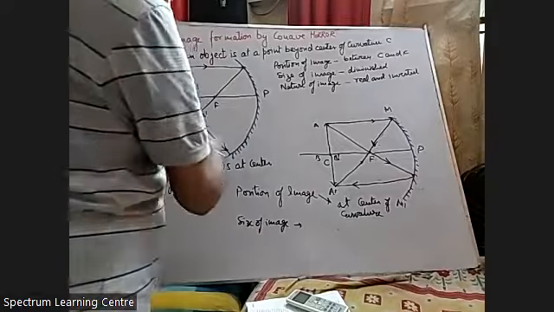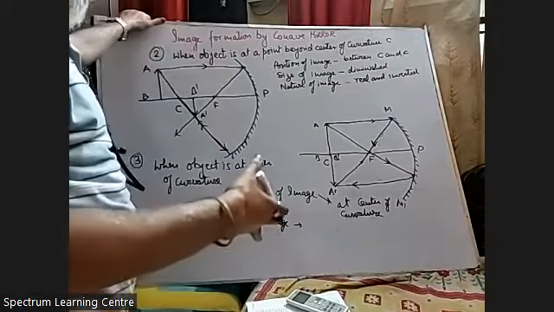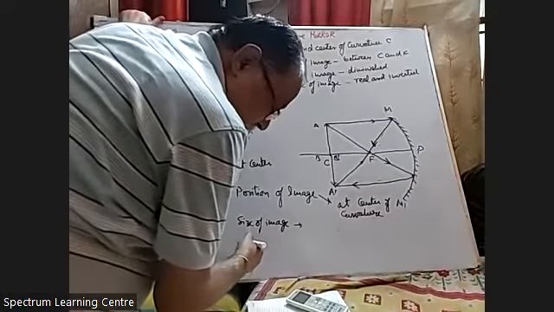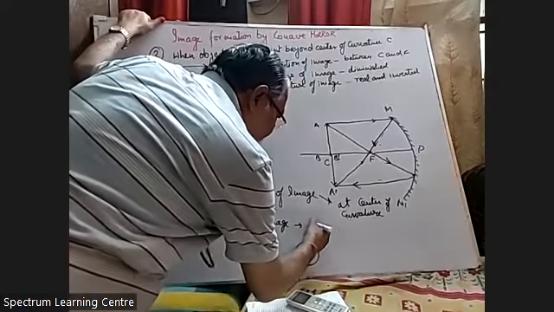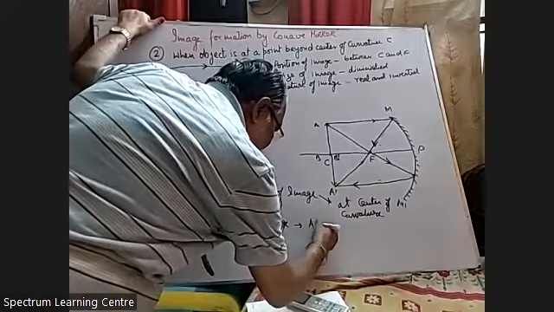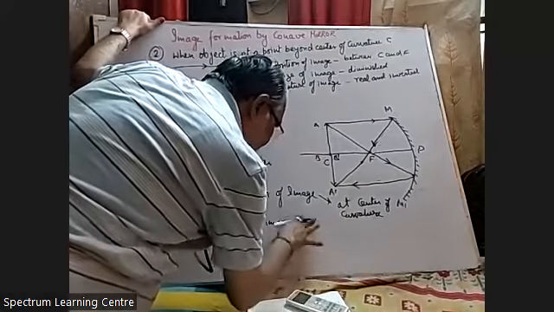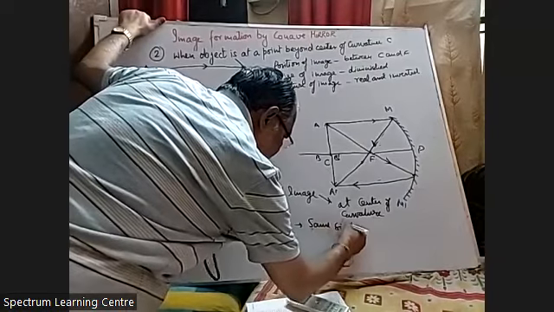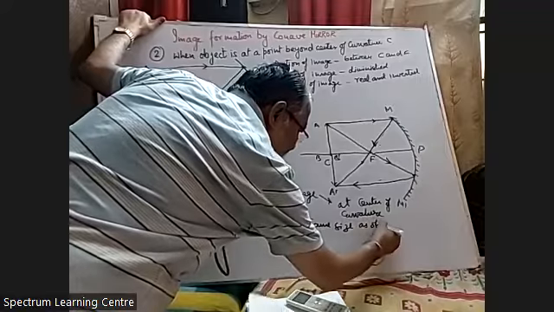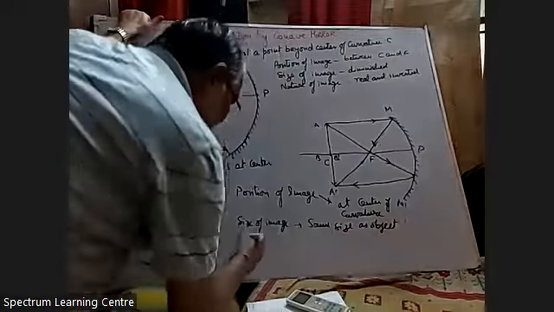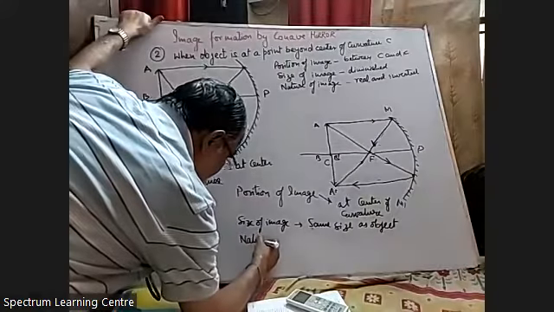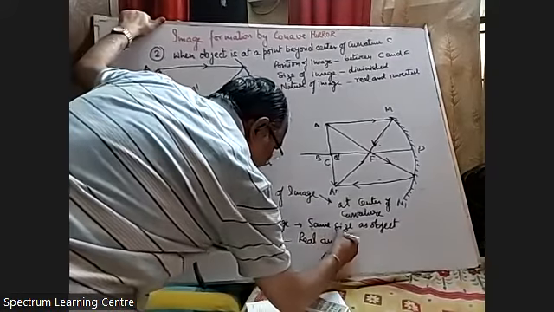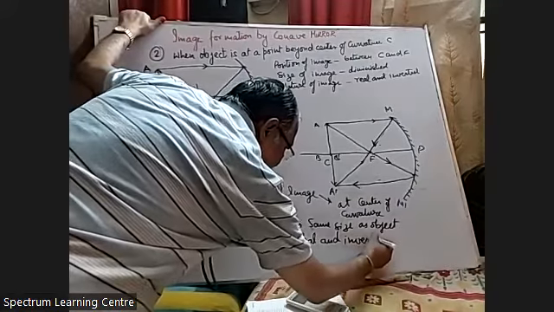When we are moving from infinity, the image size is growing now, right? So it will be at center of curvature only. Same size as object. Nature: real and inverted.